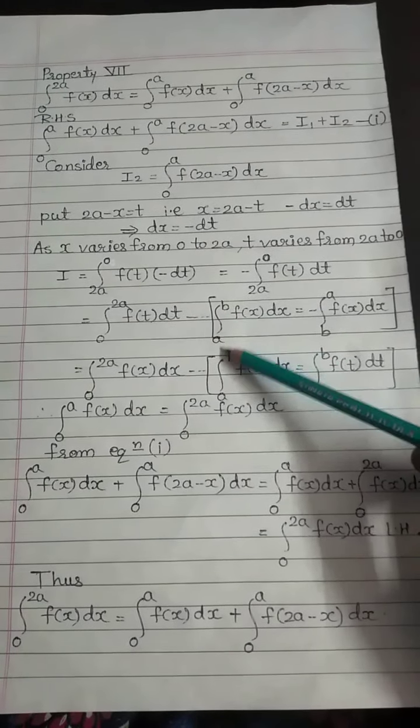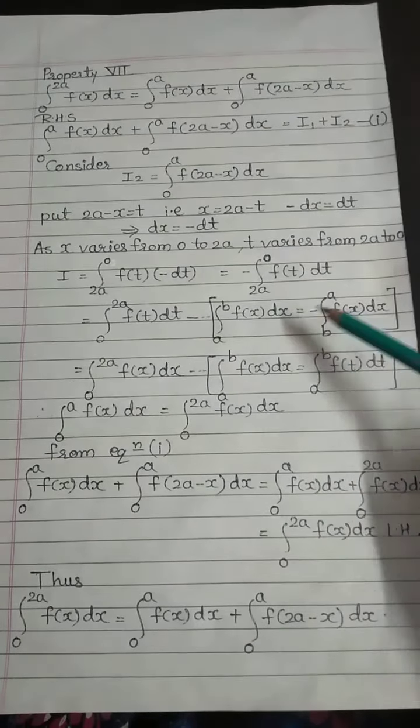That means integration a to b f of x dx we can write as minus of integration b to a f of x dx. So here this term we can write as integration 0 to 2a f of t dt. And as the definite integration is independent of the variable, we can replace the variable t by x by using this property. So here we can write integration 0 to 2a f of x dx.